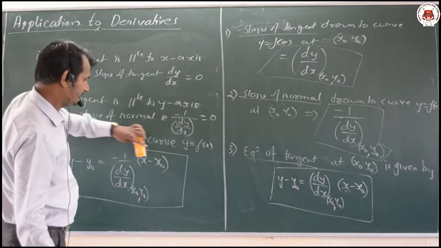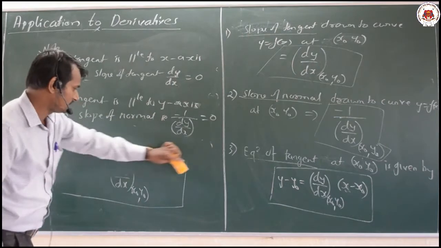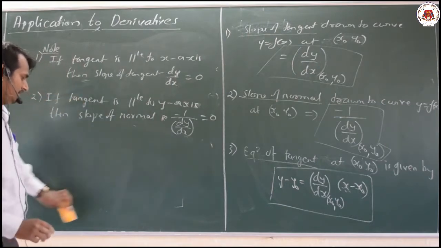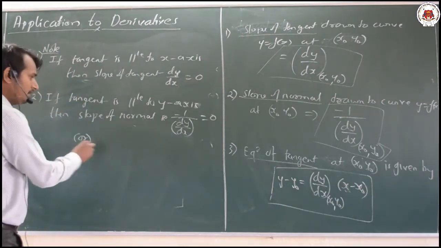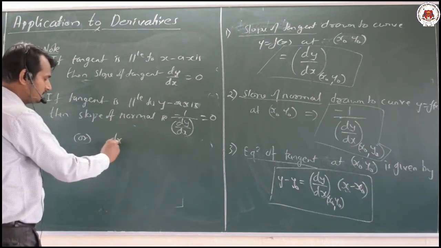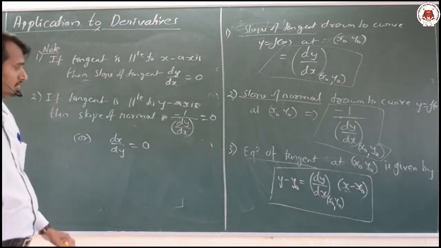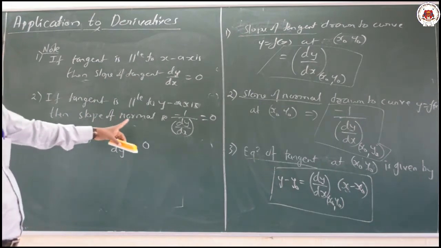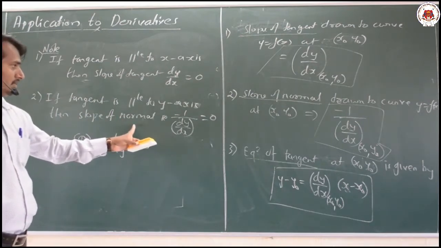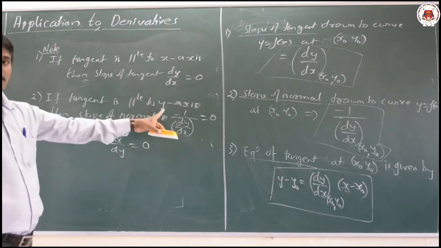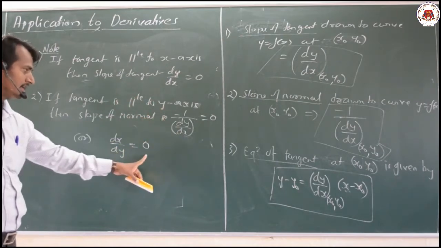Or else I can also write the reciprocal, that is dx by dy equal to 0. That is, if the tangent is parallel to the y-axis, then dx by dy equal to 0.